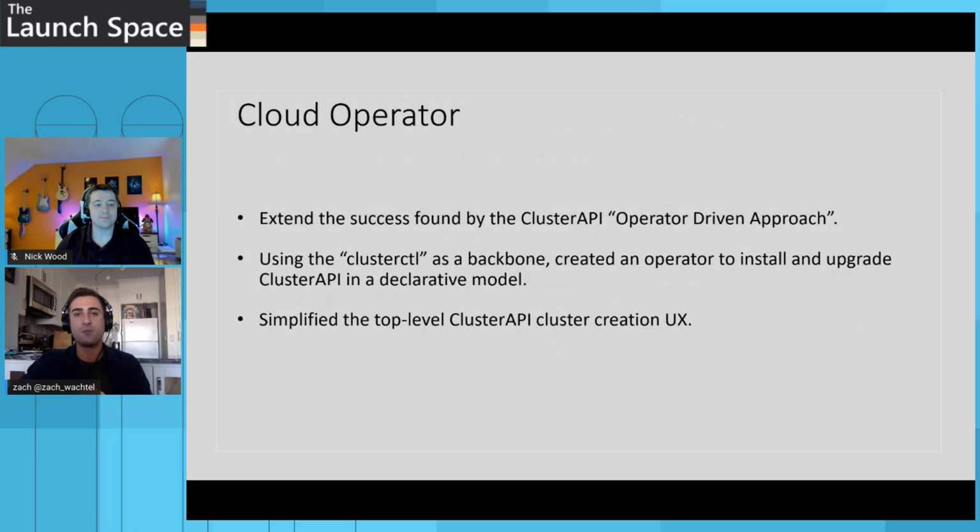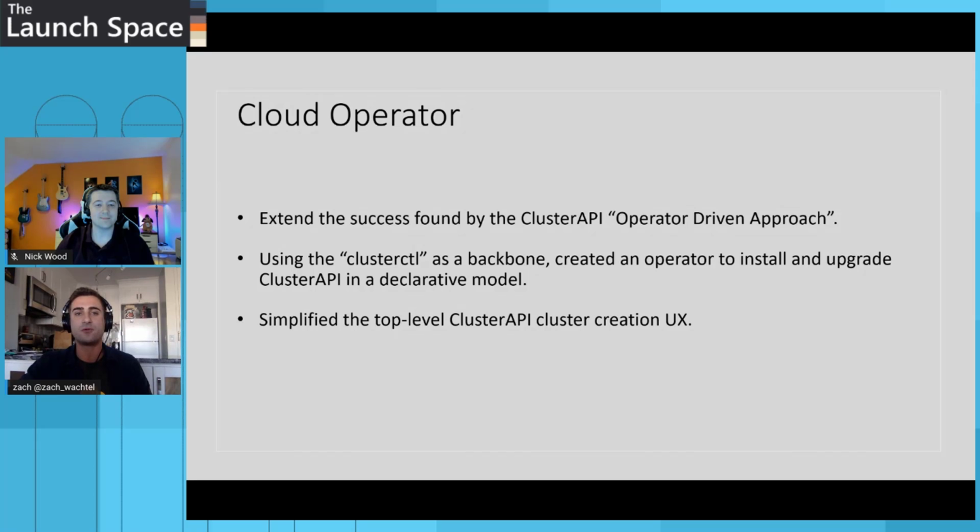Next slide, please. We were also tinkering around more with KubeBuilder and CRDs, and watching the success that we had with Cluster API, we were curious what else in our deployments would benefit from an operator-driven approach. Using clusterctl as a backbone, we then created an operator to install and upgrade Cluster API in a declarative model. We called this the cloud operator.